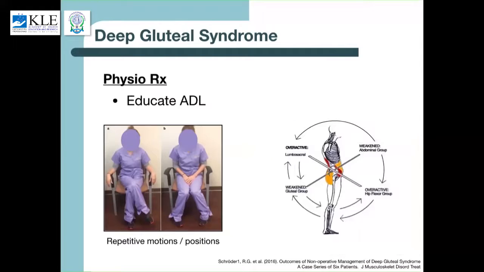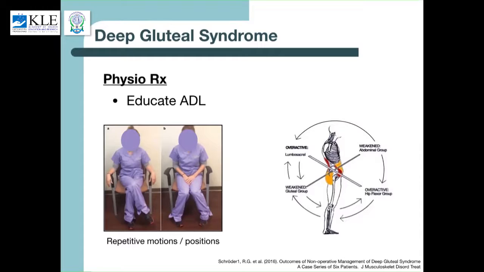Education is a crucial part in posterior buttock pain. What's the point of treating a problem if the patient keeps on reproducing their pain? So we want to educate the patient about repetitive motions and avoiding repeated positions that cause the pain.